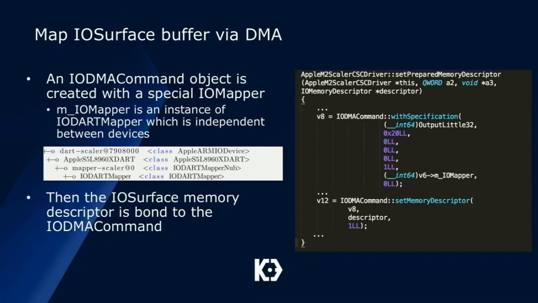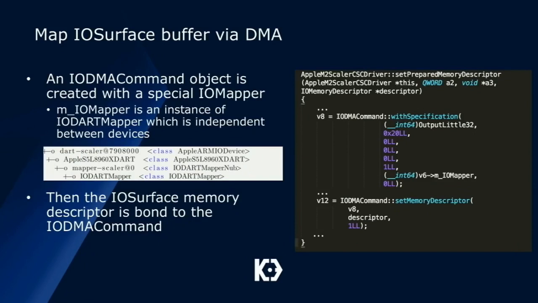This is actually done by the function setMapPreparedMemoryDescriptor. In that function, you can see that a kernel object called IODMACommand is created with a very special IOMapper. That mapper is an instance of IOMapper dot scalar, which is independent between devices to make sure that devices are separated in IO space addresses, so that one cannot interfere with another.